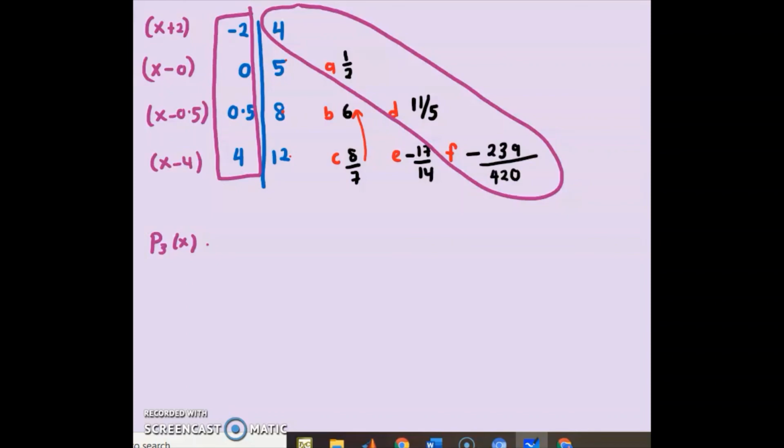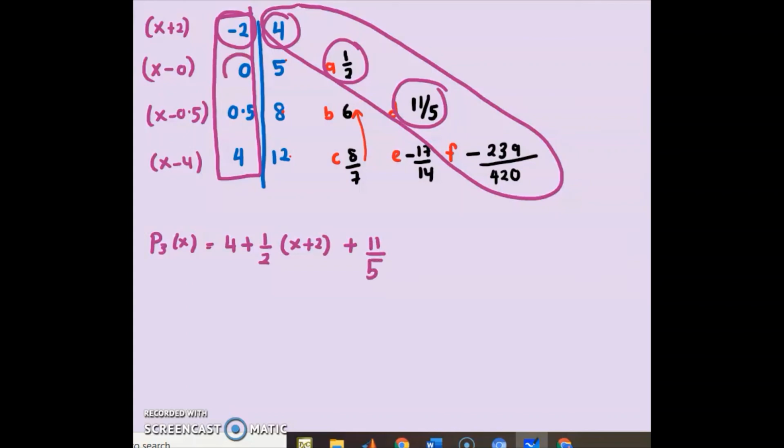Okay, so the equation will be 4 plus half. Now for this half, we take one value of x, x plus 2, plus 11 over 5.